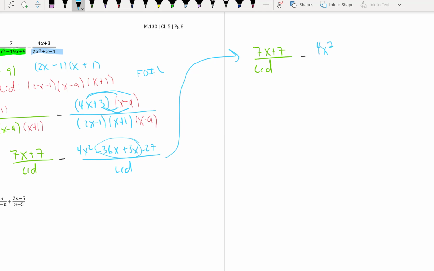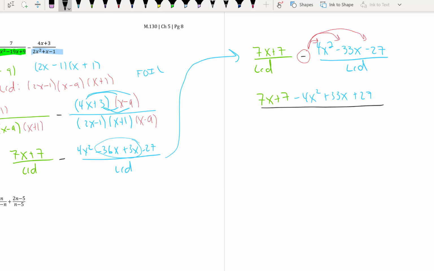And now negative 36 plus 3 will give me a negative 33x minus 27 all over my LCD. Don't forget that you're going to take this subtraction and distribute it to everything up on top. So I have my 7x plus 7 minus 4x squared plus 33x plus 27 all over my LCD.